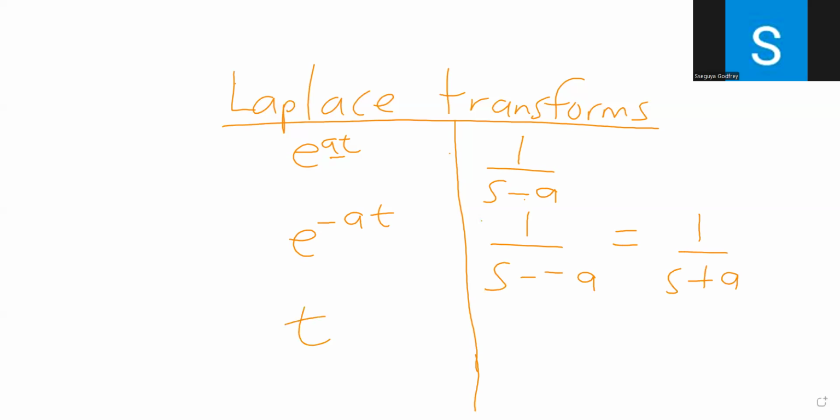And now for t^n, it will be n factorial over s^(n+1). Yes, let us continue with the other ones.